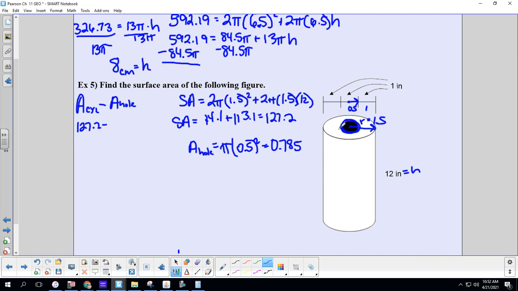But guess what? We cannot see. Oh no! There is a hole on the bottom too. It goes all the way through the tube. So we have to subtract out 2 holes. So we have to take that 0.785 and times it by 2. We get 1.57.